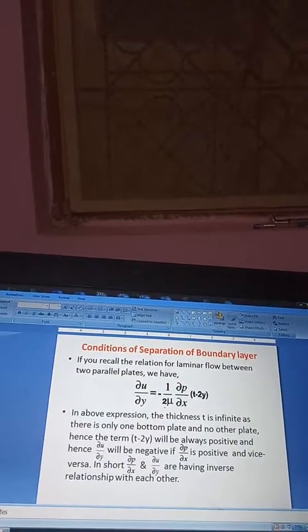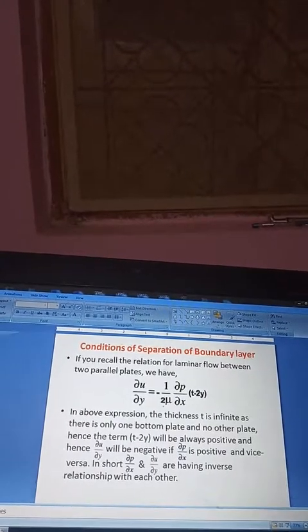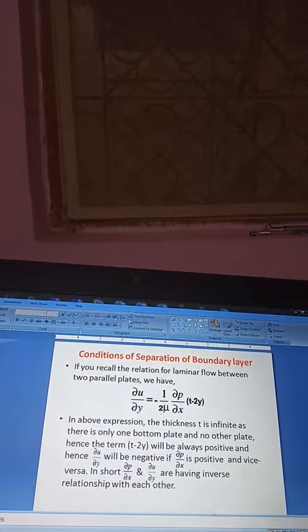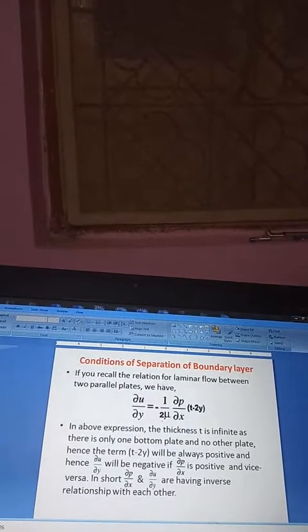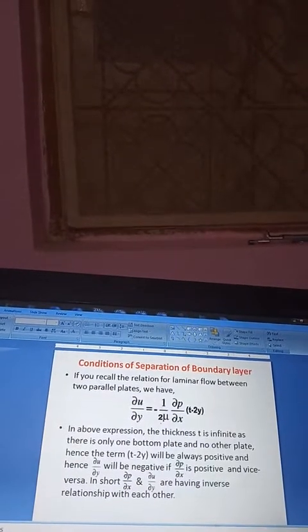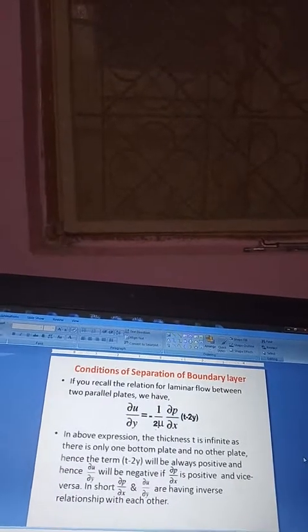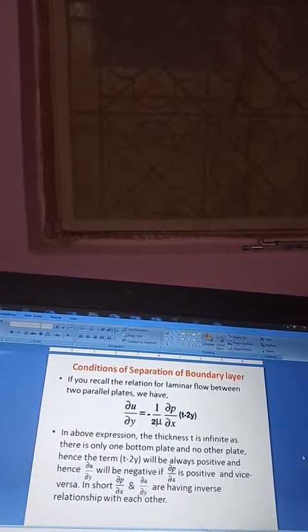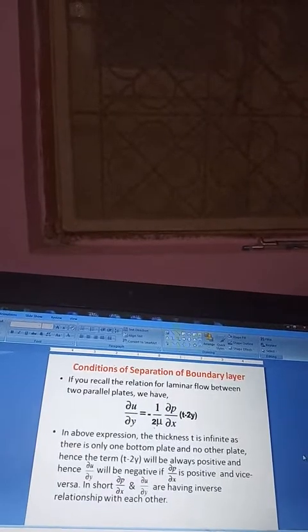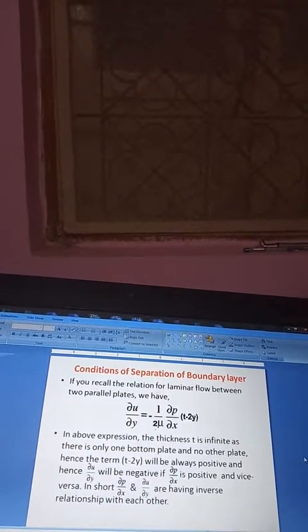So let us study these conditions. From the laminar flow between two parallel plates we have seen one expression, del u by del y is equal to minus 1 by 2 mu del p by del x into (t minus 2y). Just in brief, del p by del x and del u by del y have a relation with each other.